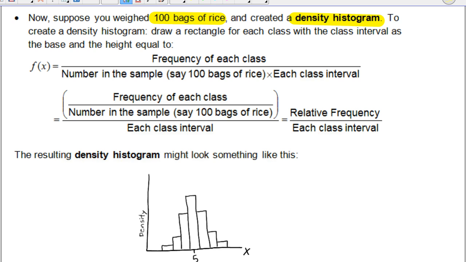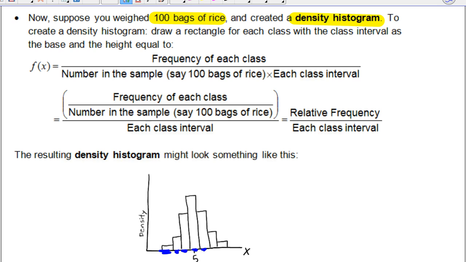To create a density histogram, you draw a rectangle for each class with the class interval as the base. So basically, each of these bases below here will be the class intervals, and then the height will represent frequency density.